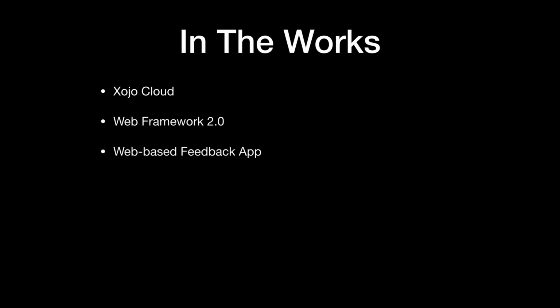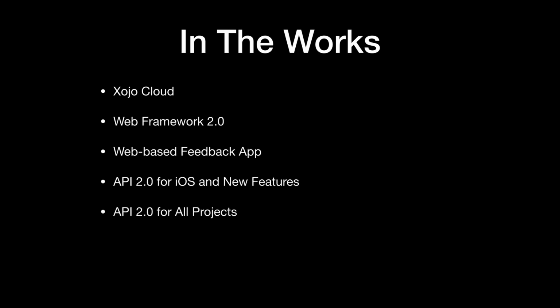So we can finally see the light at the end of the tunnel for our big multi-year projects and have some new features coming as well. We're adding features to Xojo Cloud. We have Web Framework 2.0, and again, you'll want to check out the video on that to get all the details. We have a web-based version of feedback coming. We've got API 2 for iOS, and new features coming as well.